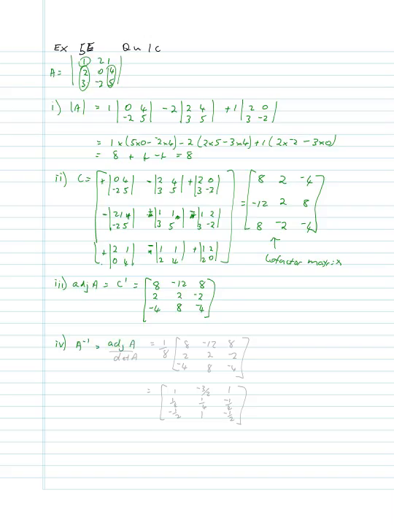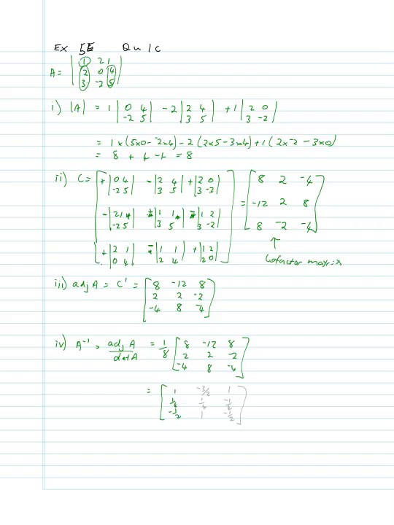Now, finally, to find our inverse, the inverse of matrix A is equal to the adjoint of A divided by the determinant of A. So the determinant was 8, so I've got 1/8 of the 8, 2, 4. So an eighth of 8 is obviously 1. 2/8 will give us 1/4. 4/8 would give us 1/2.